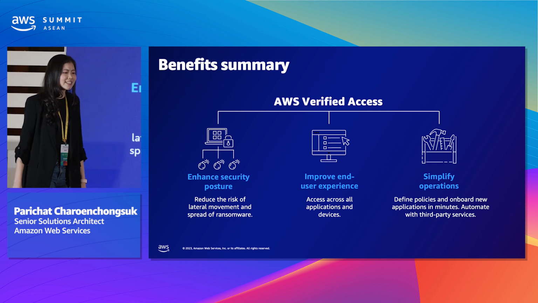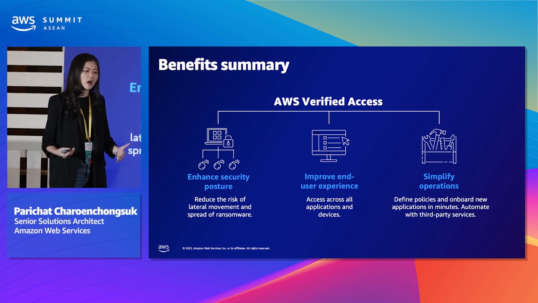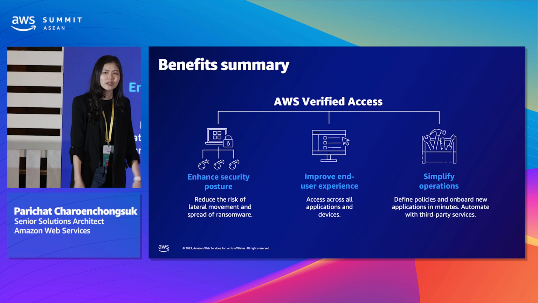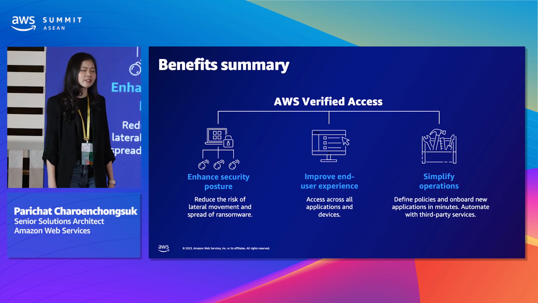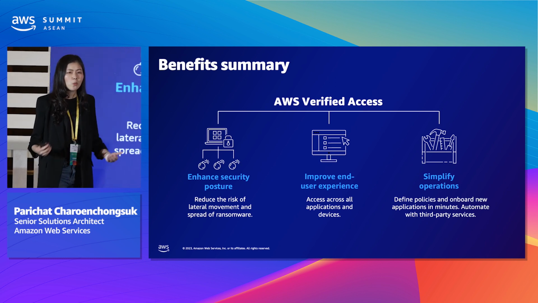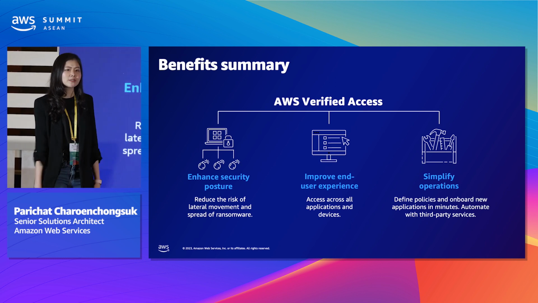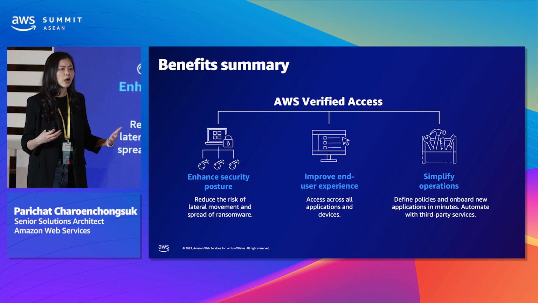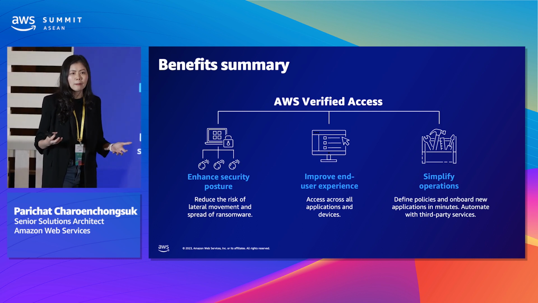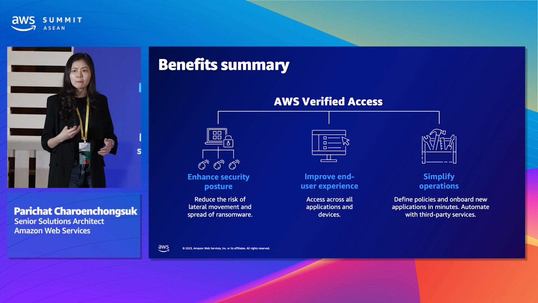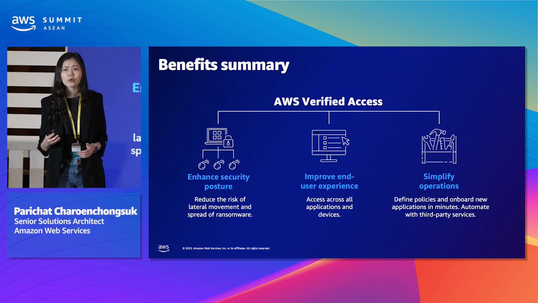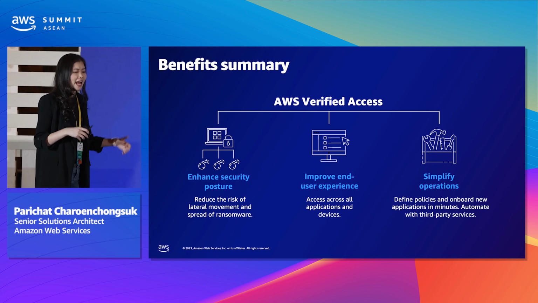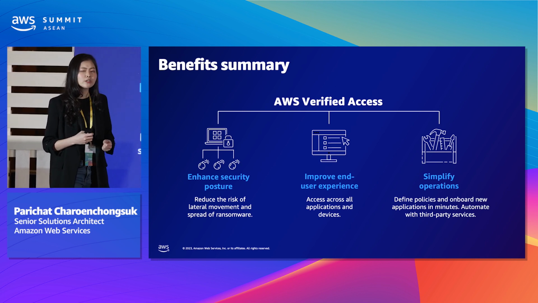Well, let's summarize some benefits of AWS Verified Access. First, it improves security posture with AWS Zero Trust principles, adding more non-network-based controls, and continuously verifying your requests. It improves end user experience.